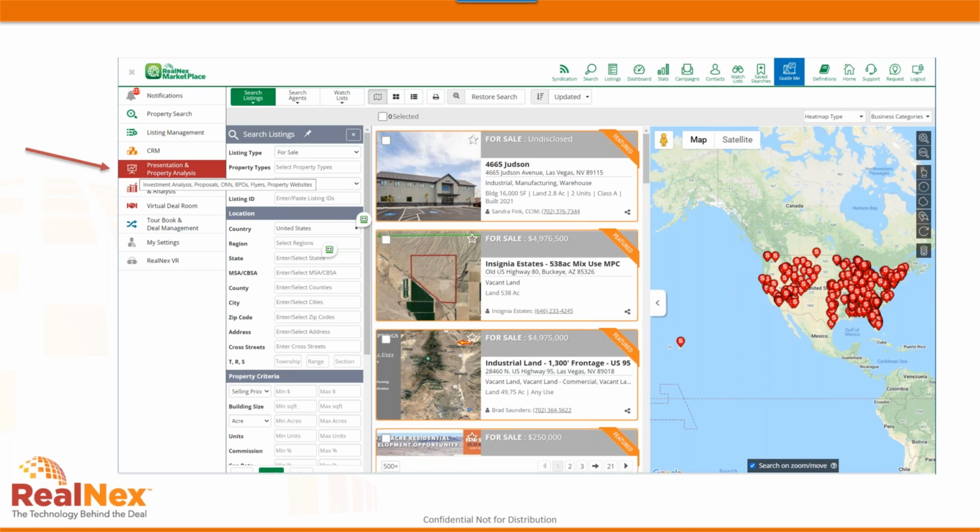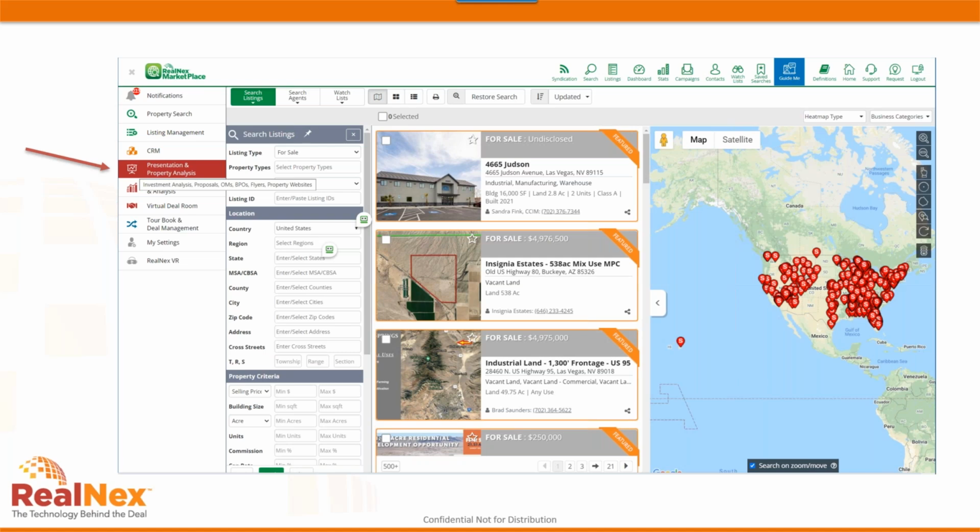And I think, and Jeff can add on this, probably users are using it as much or more to create nice presentations. And that's just equally important, if not more important, to the actual investment analysis. So we call it presentation and property analysis because you can create some nice presentations for your clients. So we're going into that area.